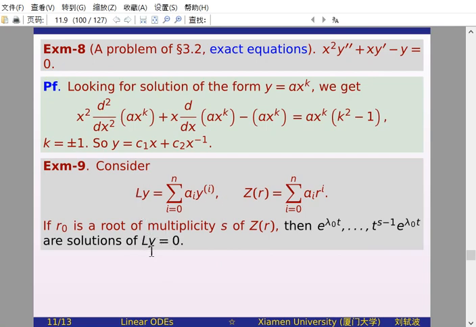This is a very important conclusion. This is the theoretical foundation of our algebraic method to solve any given nth order linear differential equation with constant coefficients. Here the a_i are constants, real numbers.